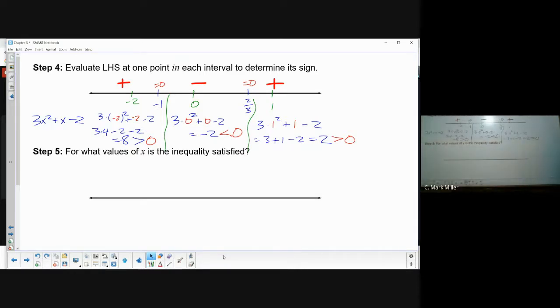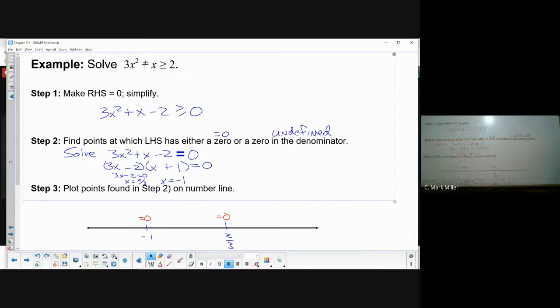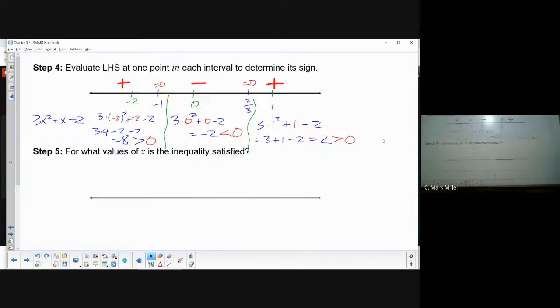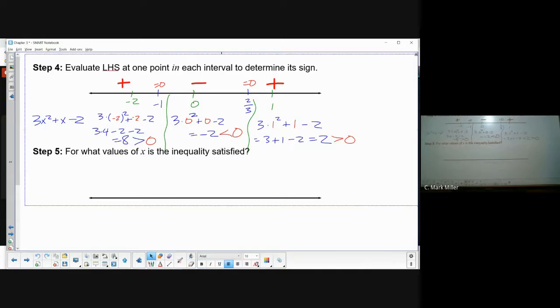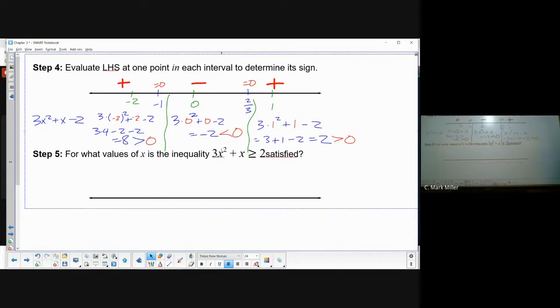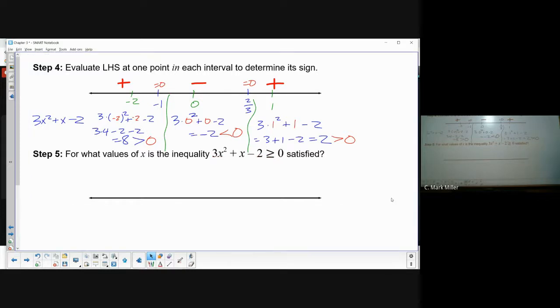Now, for what values of x is the inequality satisfied? We go up here. I'm actually going to change things around a bit. I'm going to add something to the slide. You're looking to where that is satisfied.